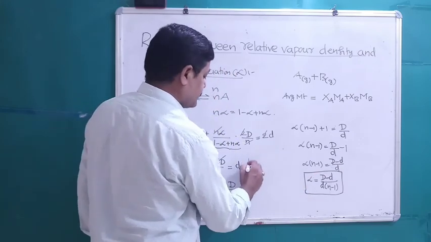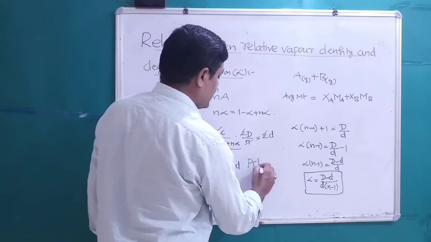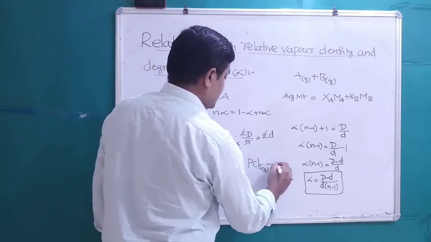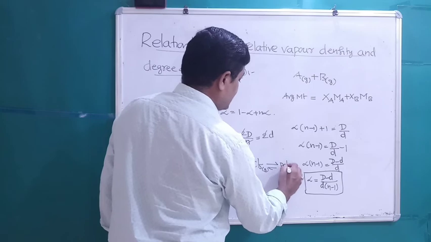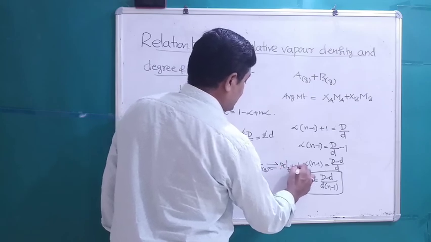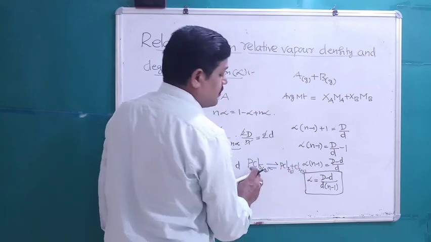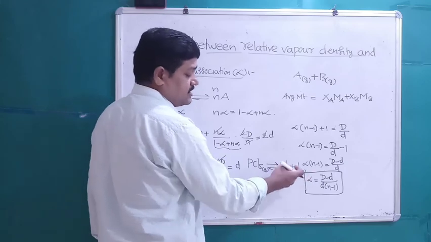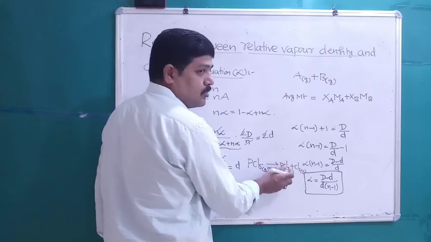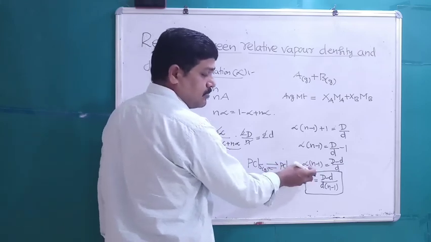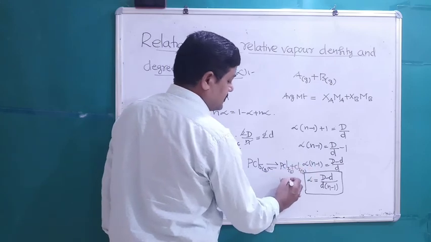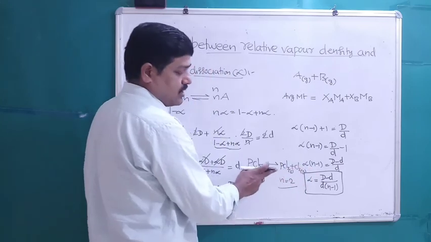For example, when we take the decomposition of PCl5 gas, it will give us PCl3 gas plus Cl2 gas. So the number of moles produced after dissociation is 1 mole of PCl3 and 1 mole of Cl2. So the n value for this we have to take as 2, right?